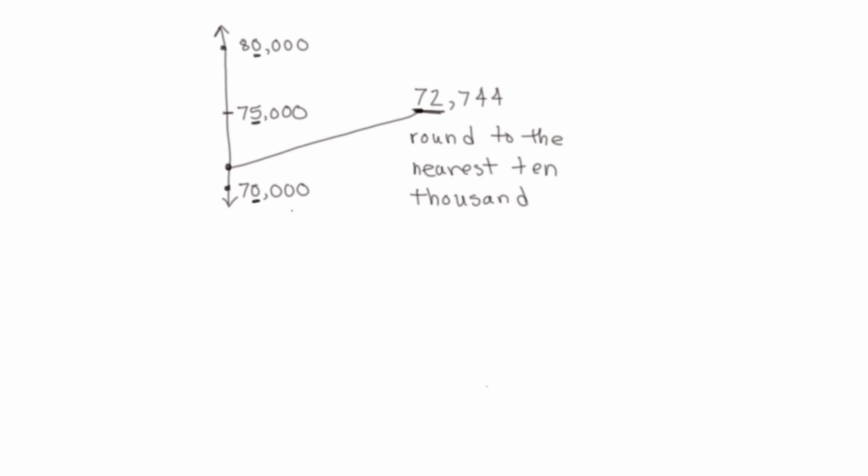And if we're rounding to the nearest 10,000, we have two choices. It's either closer to 70,000 or closer to 80,000. And we see where it is on the number line. It's closer to 70,000. So 72,744 rounded to the nearest 10,000 would be 70,000, since it's closer to 70,000 when we look at it on the number line.